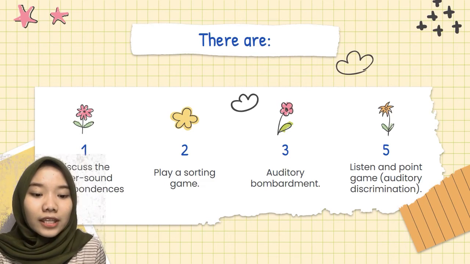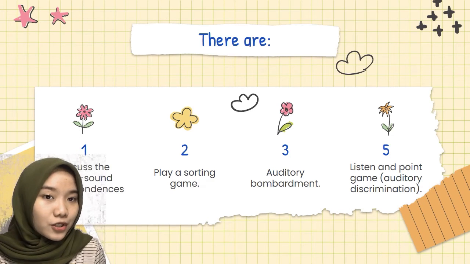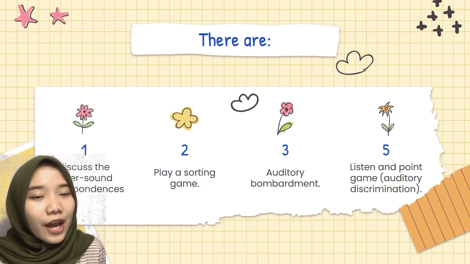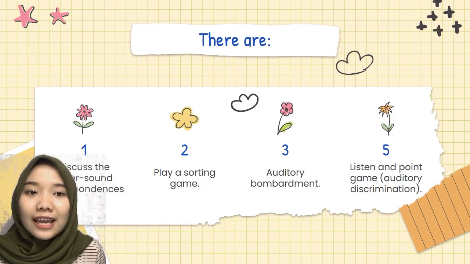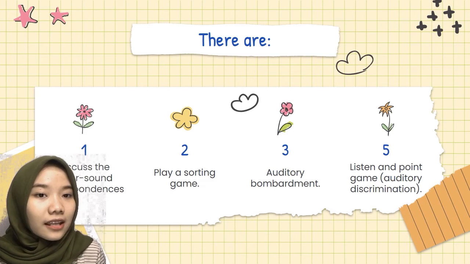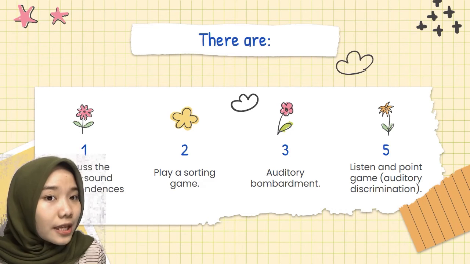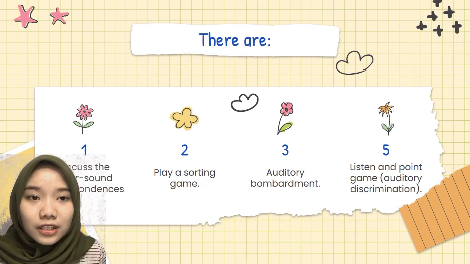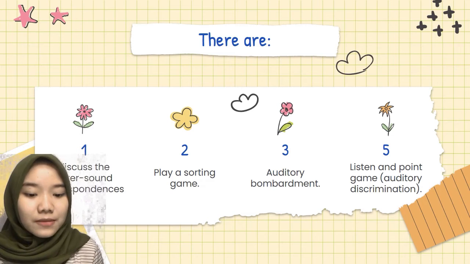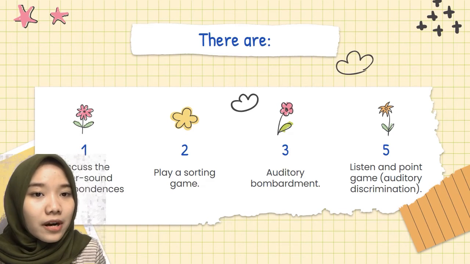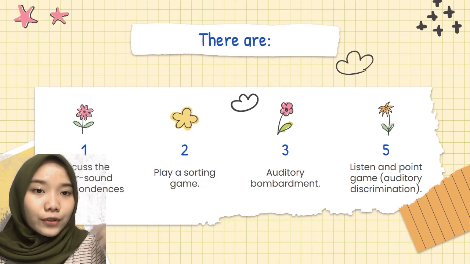Four, listen and point game, auditory discrimination. Again, have your child put on his or her listening ears. Place one contrasting pair set in front of the child. Hide your face behind a piece of paper and say one of the words.